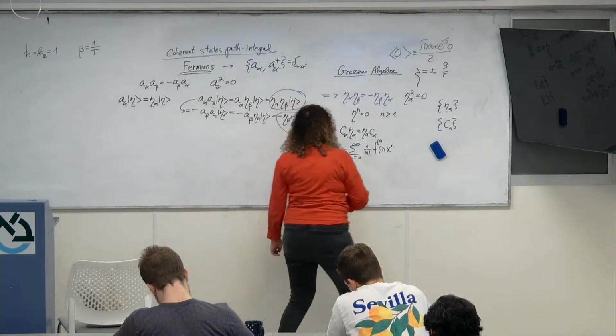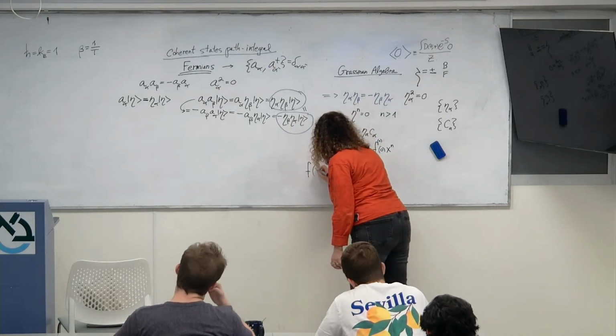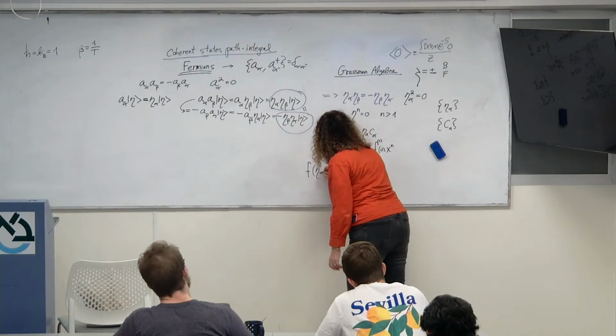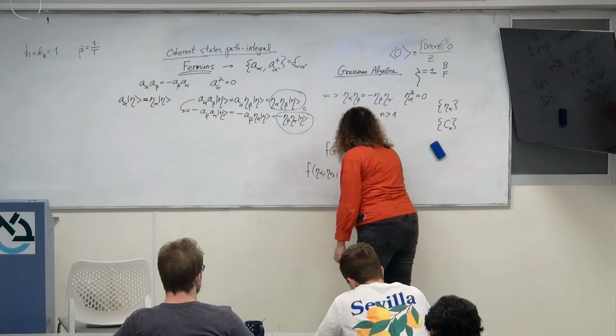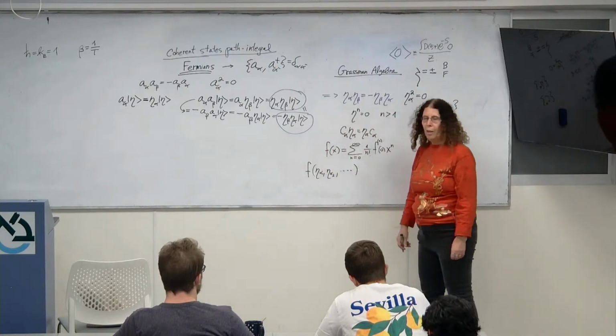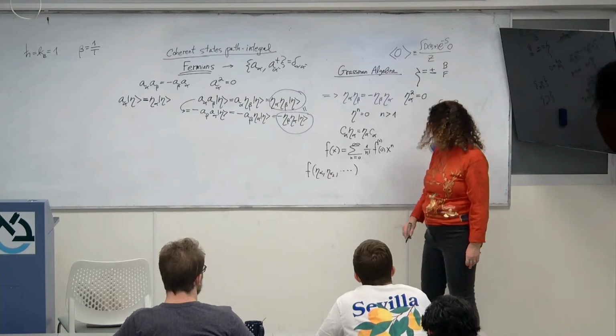Let's first do it for the most general case. I have, I don't know, f of eta alpha 1, eta alpha 2. I have a function of many Grassmann variables.